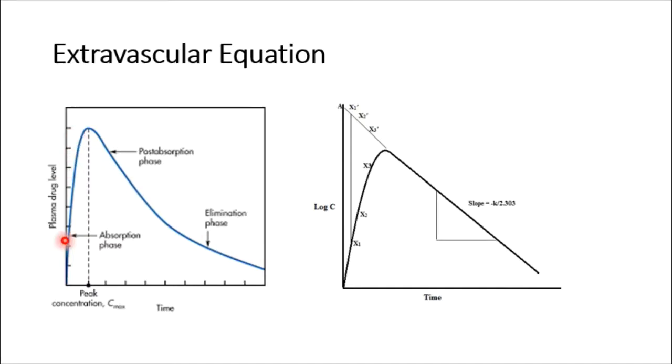If we change the curve to a logarithmic scale on semilog paper rather than this linear scale, we should get a straight line for the elimination phase, and we still have the absorption phase. From the slope of this straight line, we can find the elimination rate constant of the drug.